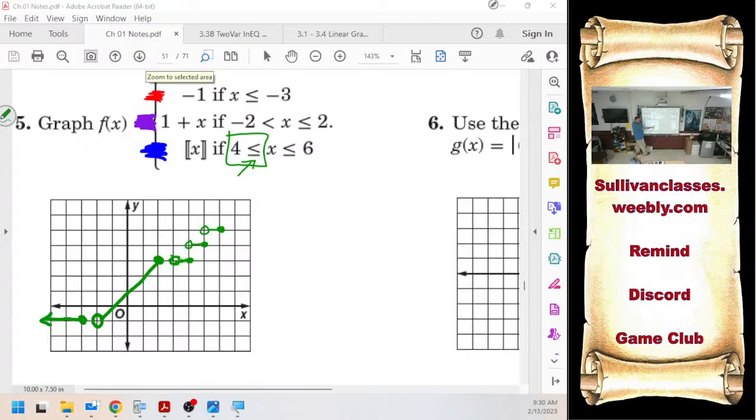Because at 3.7, the greatest integer I've ever seen is 3. Oh, do I have all those backwards? Yup. Yeah. Okay, the dot's just on the other end. There. Yeah.